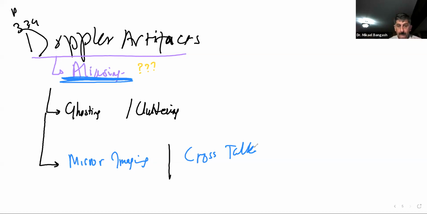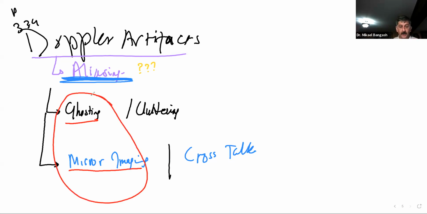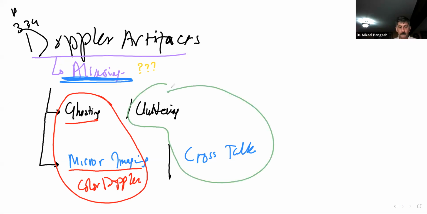Now, girls, this name here and this name here are what we call these two artifacts that we will talk about on a color Doppler. Whereas this name here and this name are what we call these two separate artifacts on a spectral Doppler.